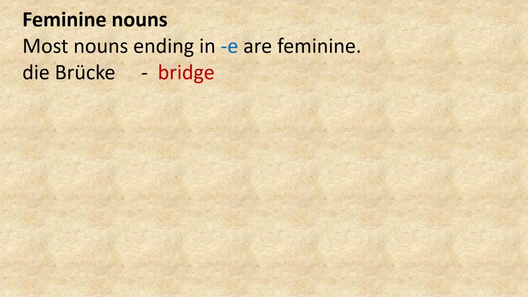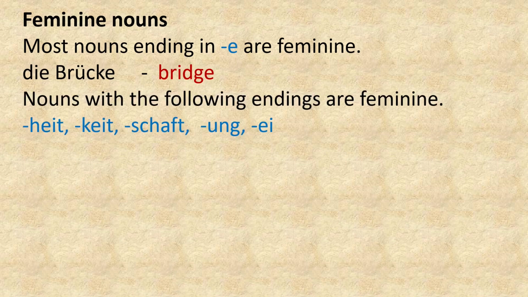Most nouns ending in e are feminine. Die Brücke, bridge. Nouns with the following endings are also feminine: heit, keit, schaft, ung, and ei.